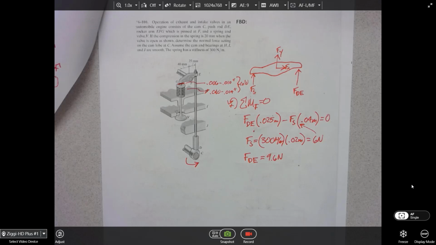Okay, so yeah, there's going to be some F_DE. This is the force of the push rod. So the push rod is this thing here. How this functions is the camshaft in your car spins around, and it's got what are called lobes, or if it weren't on a camshaft, it'd be called a cam, and it's just something that's off-centered that as you spin causes an up and down motion of this member ED, which is a two-force member.